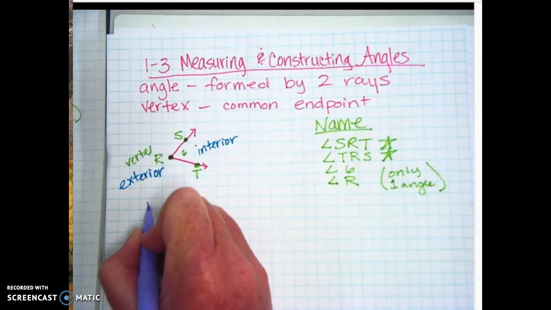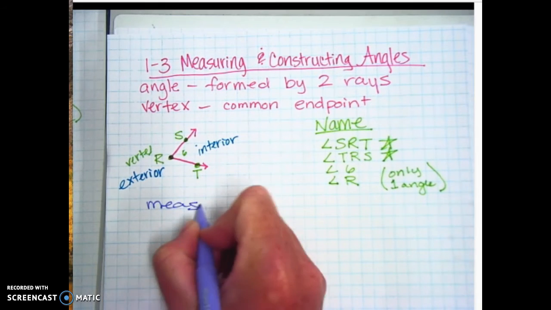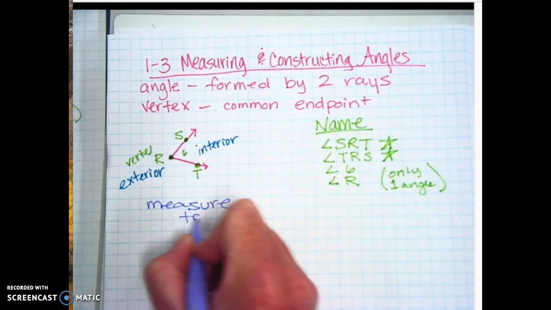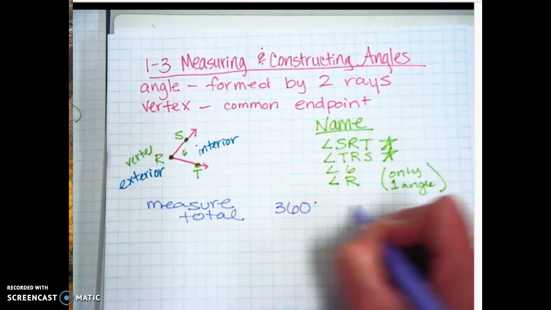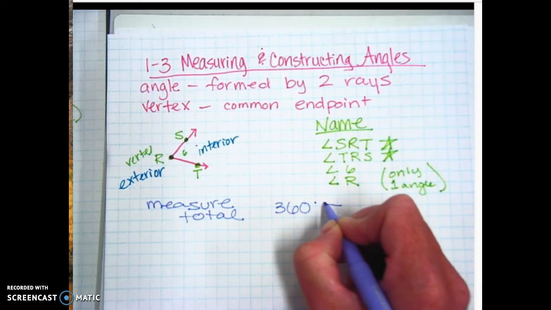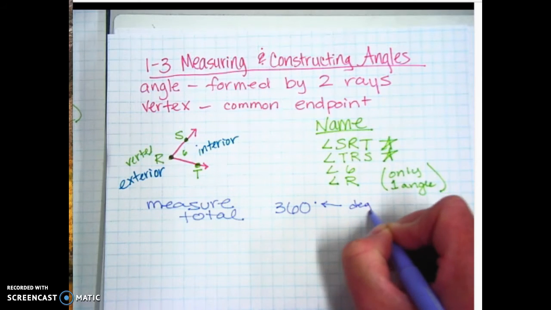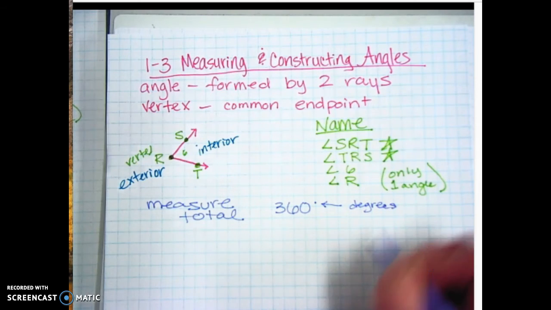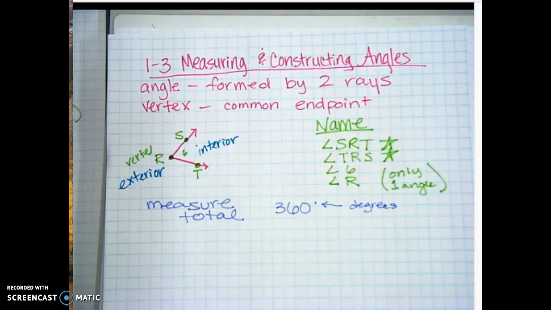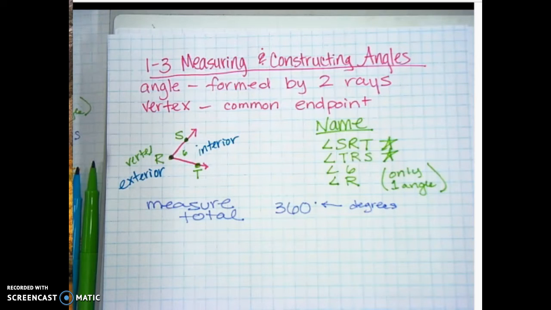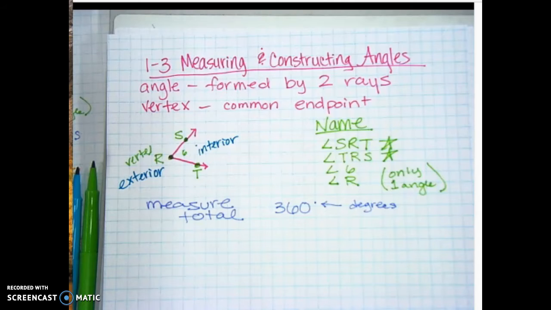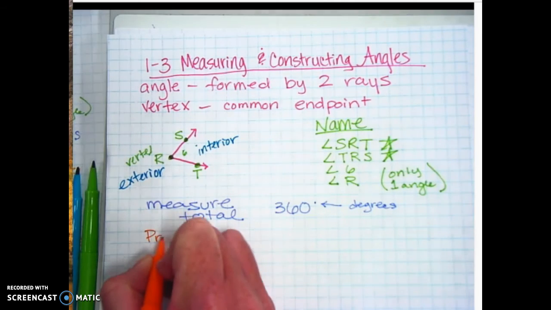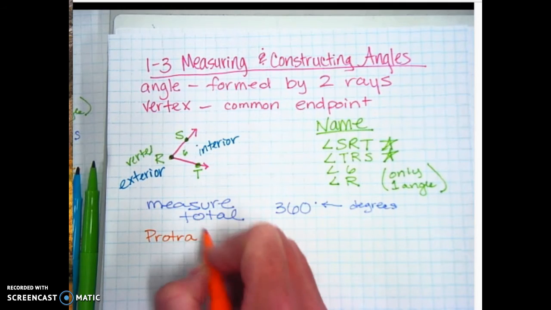There is a measure of an angle. 360 degrees is the total. This little symbol right here is called degrees. And then last week we had the ruler postulate. So today we're going to have what's called the protractor postulate.